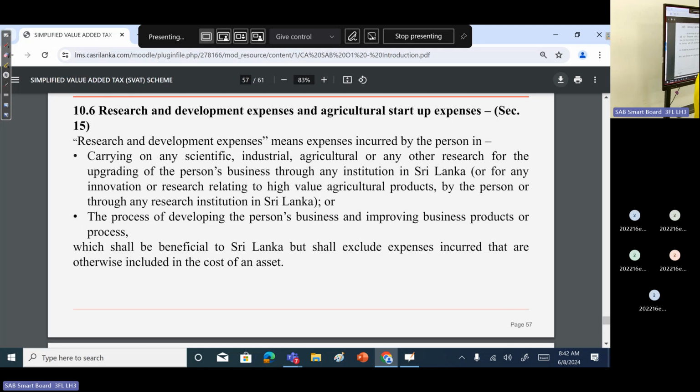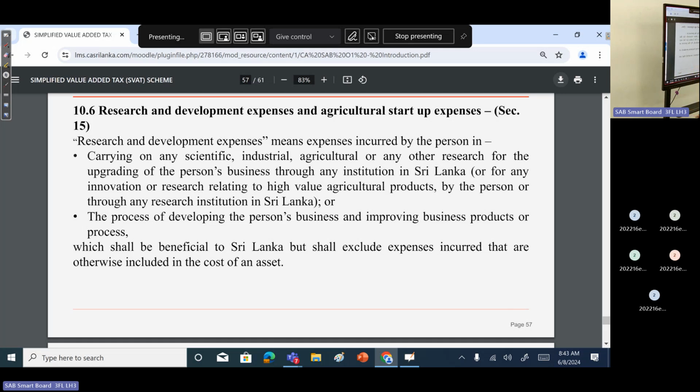So they are introducing new processes, right? How to increase the value chain or the value. Michael Porter came with a new value chain model, right? Likewise, he can come with process improvement. So if somebody is investing in that type of activity, they can claim that particular expenditure, even if that is also in the nature of capital expenditure, right?